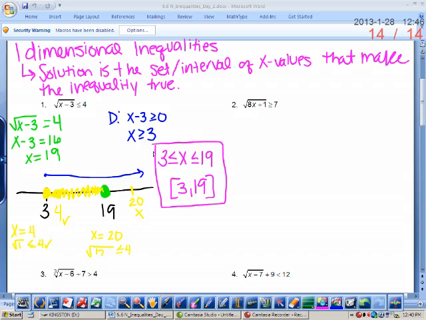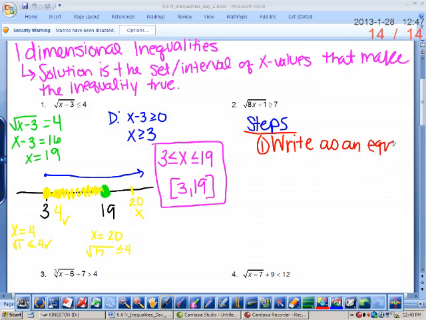Questions? All right, let's recap our steps real quick. Let's switch to red because I didn't use that yet. Our first step was to rewrite the inequality as an equation. That's what we did right here. Our next step was to solve that equation for x.